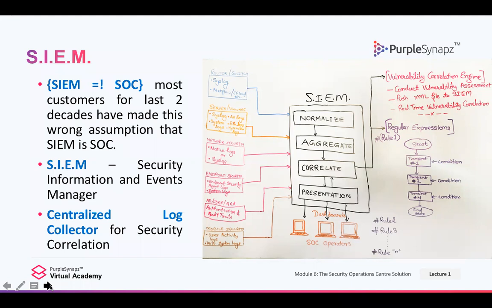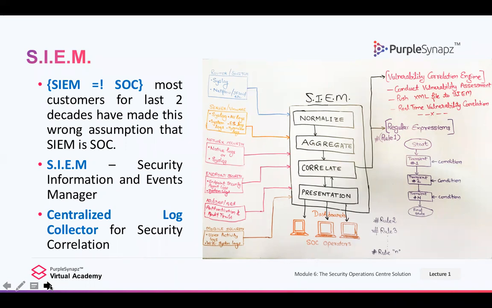In very simple layman language, if you have to explain it to your grandfather, your parents, or your grandmother, you just have to simply say that SIEM is a centralized log collector which is going to do security correlation. Read it absolutely like a dictionary, period. Centralized, we know it's some central place.